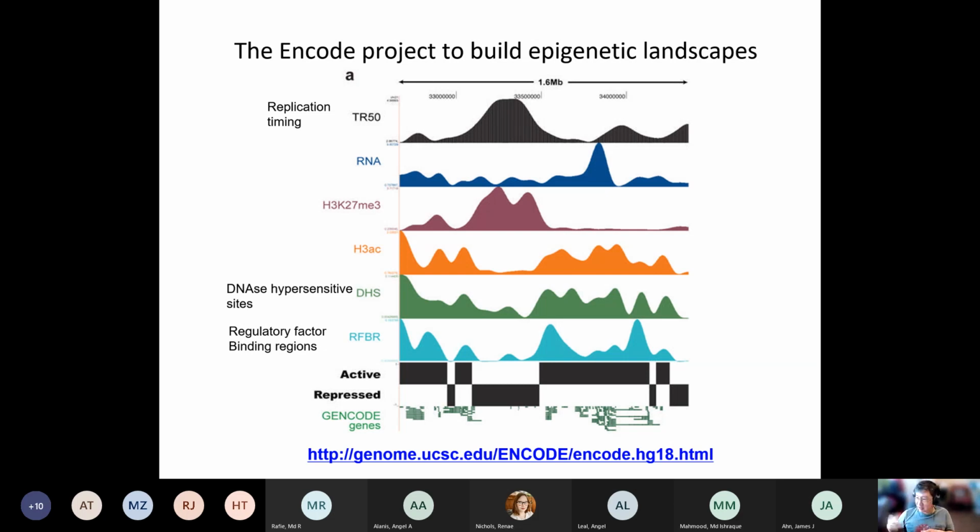But at this time, in this lecture, what I explained to you is still linear information, which, as I said, is incomplete. So here I show you one plot from the ENCODE project. Basically, you have the DNA sequence, the GENCODE genes, right?